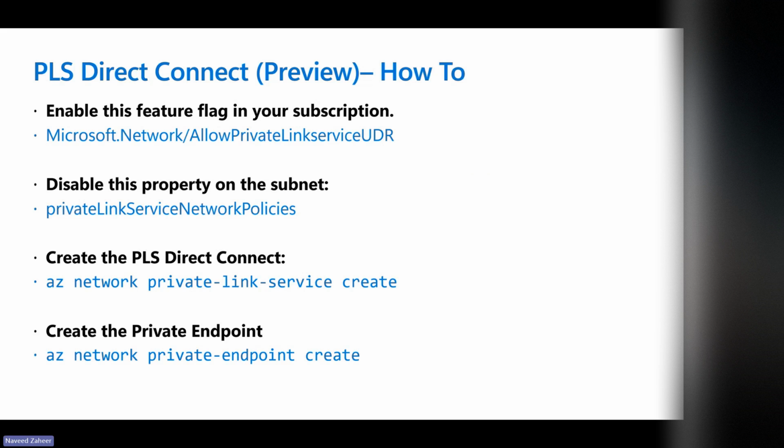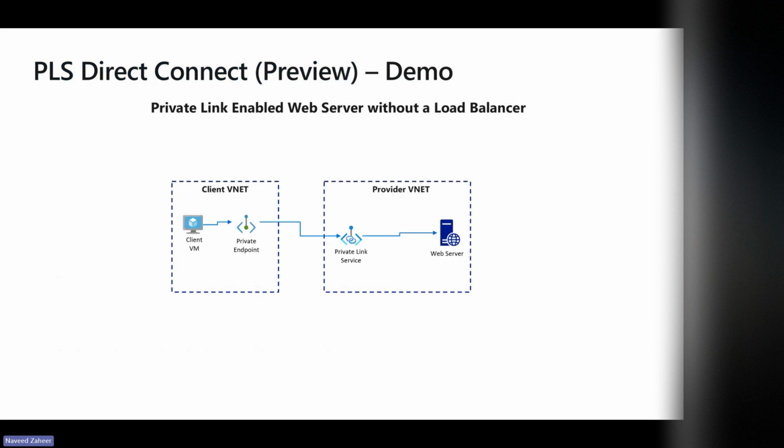Okay, so I have two demos for you. One of my demos is very simple. I am going to show you the scenario that we talked about. You have a web server with a private IP, running in a VNet, and I'm going to expose it over PLS Direct Connect, and we will be able to connect to it from the client VNet, just like depicted in this picture.